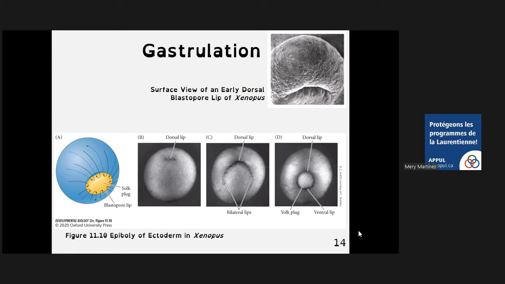So now we have a triploblastic embryo that has the three germ layers in the right place. Okay. We see here all these little cell divisions are still happening, right? So that's how it's still stretching.